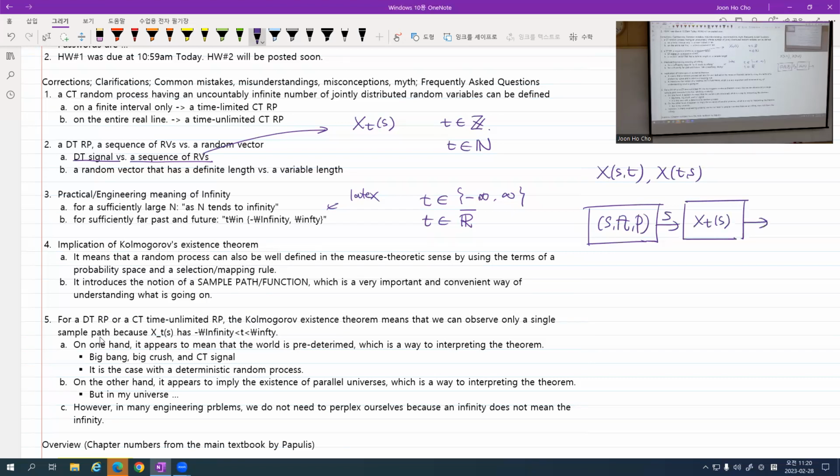Here, the first box is a random source generator, and the second one is a deterministic rule of selecting the output. So given S, if T is a member of the integers, then you may say that your outcome, given some specific S0. So if this is S0, then what do you have?